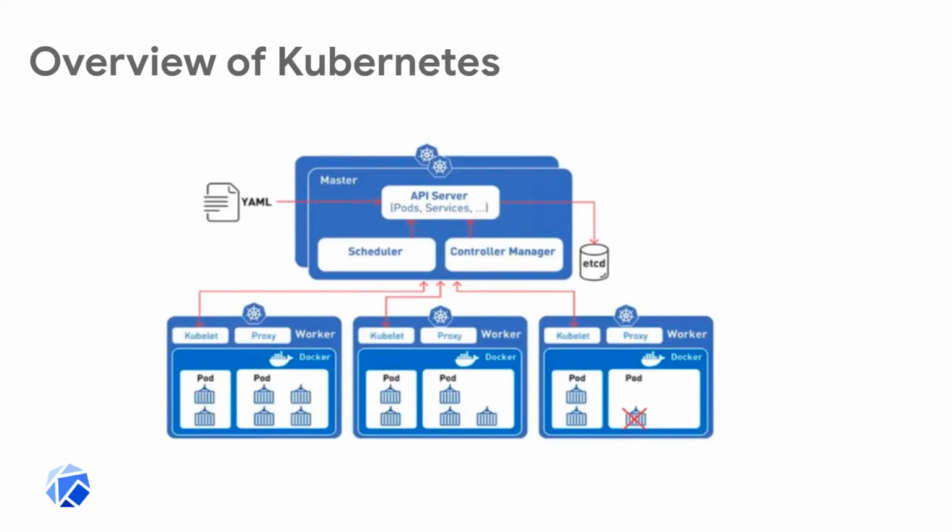So Kubernetes, in a nutshell, is a cluster management system. By cluster, I mean a collection of servers or racks in a room, where each rack has a set of servers on it, right?